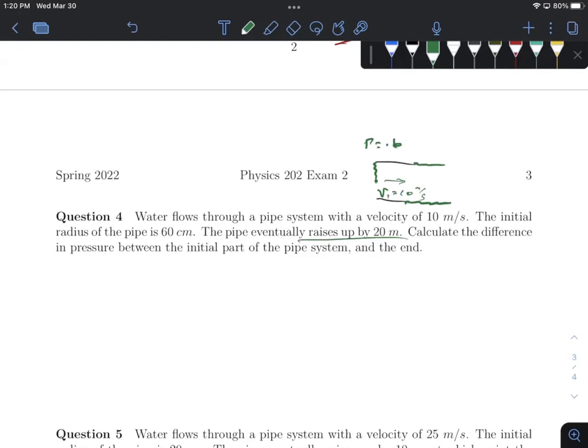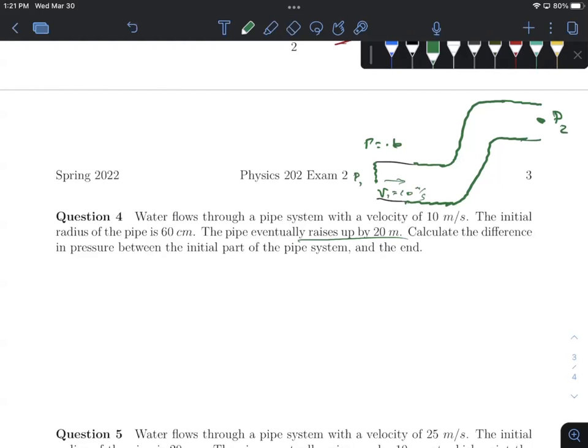So the pipe goes up 20 meters high and continues on. And then I want to know over here at the end, what's the difference in pressure? So there's P1 over here, there's P2 at the end, and I want to know what the difference in pressure is for this system.